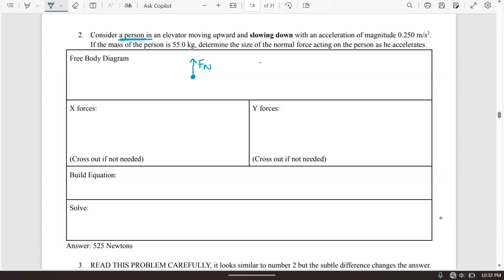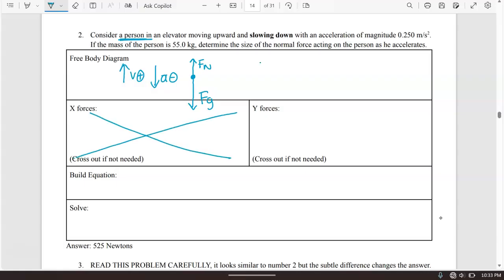They're moving upward and slowing down. So my velocity arrow is going to be positive. However, my acceleration arrow is going to be negative because to slow down, velocity and acceleration need to be opposite directions. So what that's telling me is my larger force, or my total force, needs to point downward, meaning my force of gravity is going to be longer than my normal force.